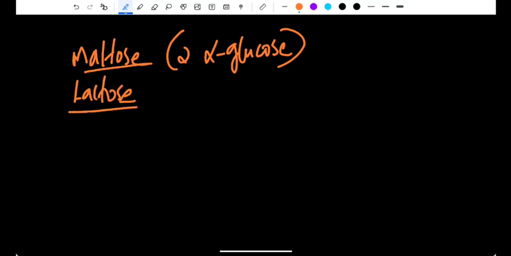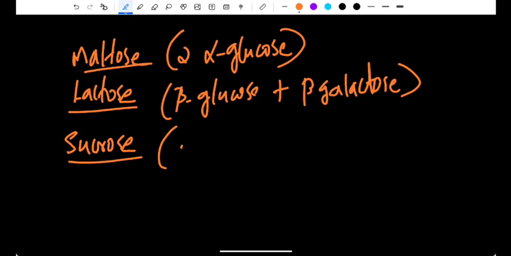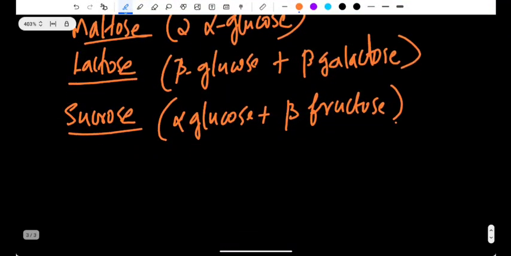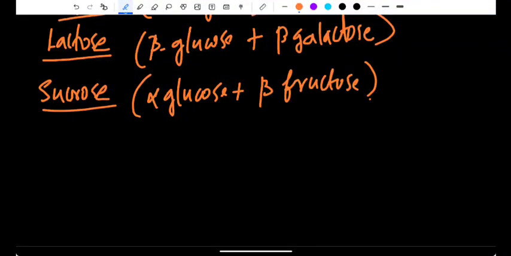Lactose means 1 beta glucose plus 1 beta galactose joined together. Then sucrose means alpha glucose plus beta fructose. And here there is a bond between two sugars.